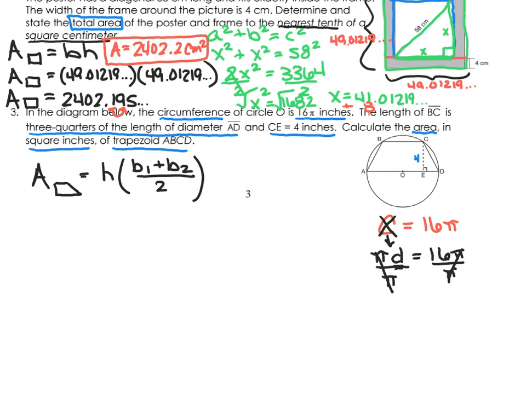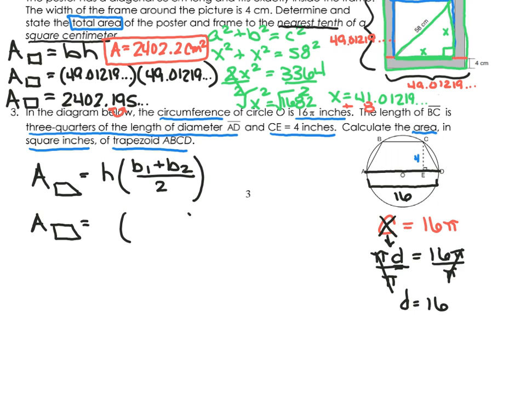And what happens is that we find out that the diameter is 16. Well, a diameter of a circle goes right through the center from edge to edge. And so we now know that AD is 16. Well, AD is the base or one of the bases of our trapezoid.